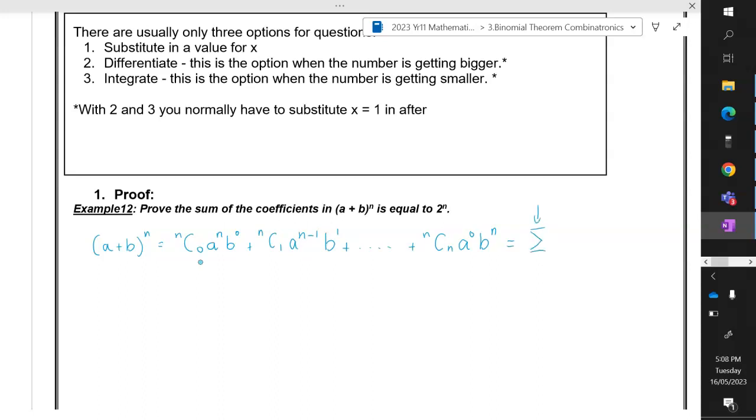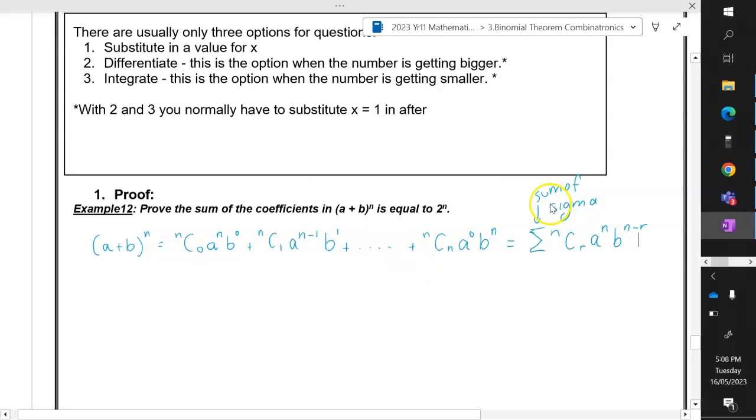Remember, this means sum of, and it's the Greek letter called sigma. So it's the sum of things. So we're basically summing all our NCRs, and we're going to have A to the N minus R, B to the R.